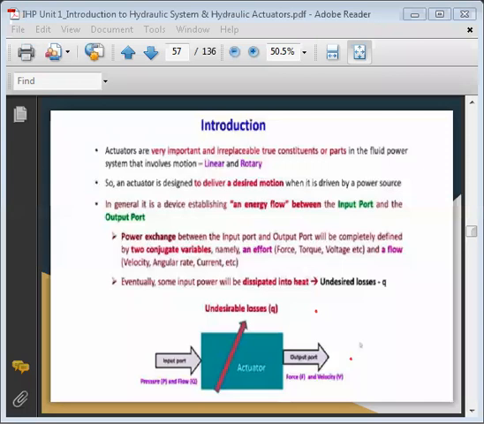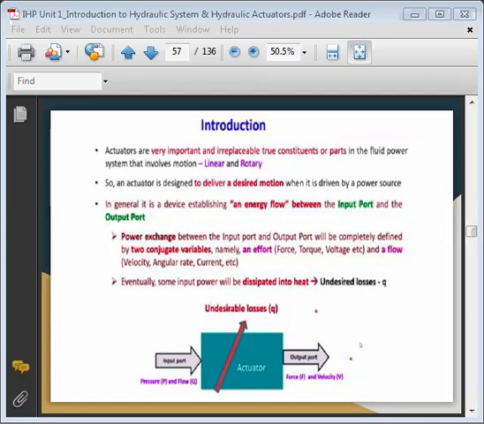And if the actuator produces rotary motion, that rotary actuator is also called a hydraulic motor. That means actuators producing linear motion are hydraulic cylinders, and actuators producing rotary motion are also called hydraulic motors. Please remember these two categories of hydraulic actuator.